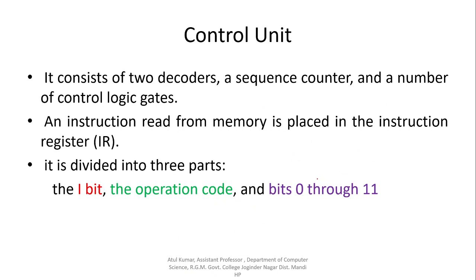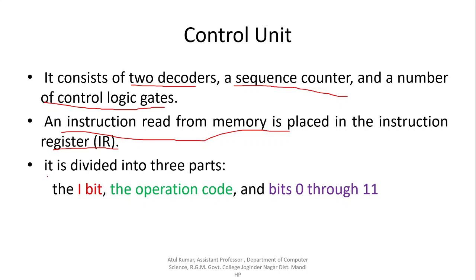So as we have seen, the control unit consists of 2 decoders, a sequence counter and a number of control logic gates. The instruction read from the memory is placed into the instruction register.